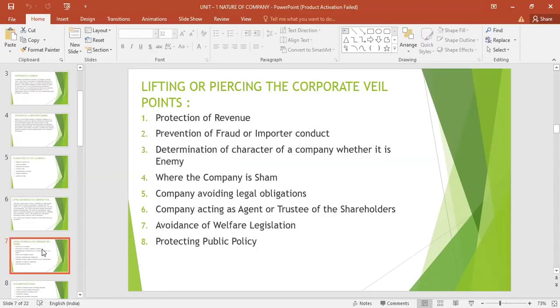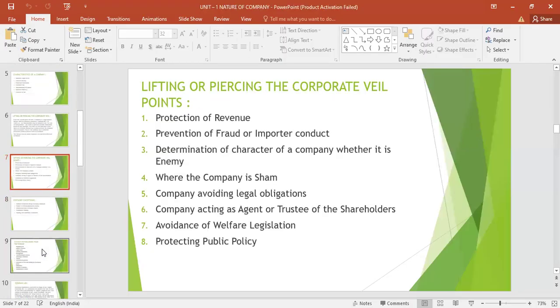Second is prevention of fraud, determination of character, avoiding legal obligations of the company, then the company acting as agent or trustee of the shareholders, then avoidance of welfare legislation, then protecting the public policy. These are the important points about lifting or piercing the corporate veil, right?